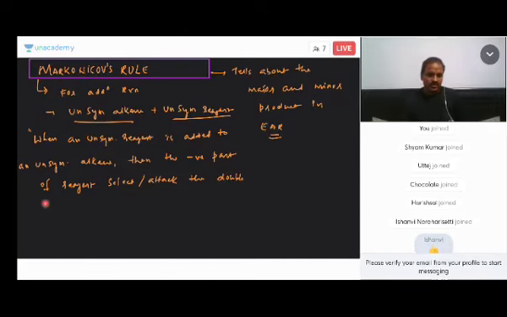The carbon having fewer hydrogens. So this is called Markovnikov's rule.